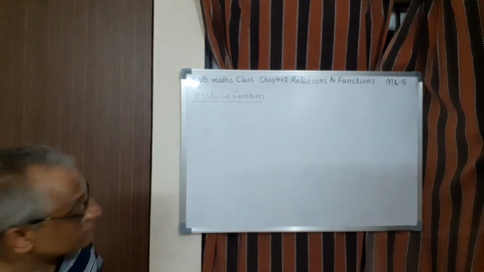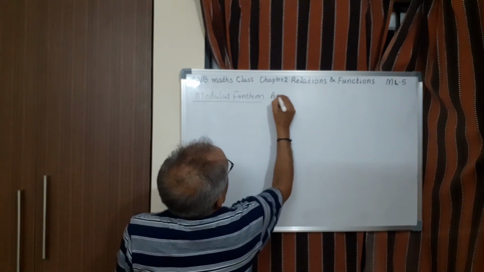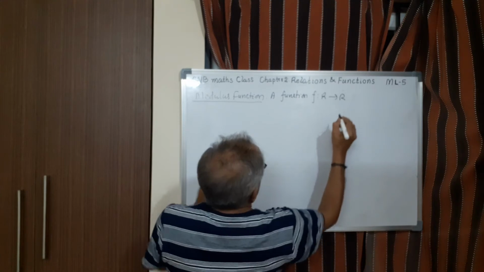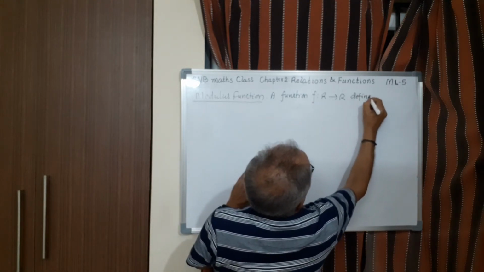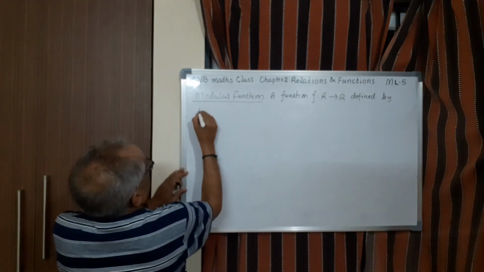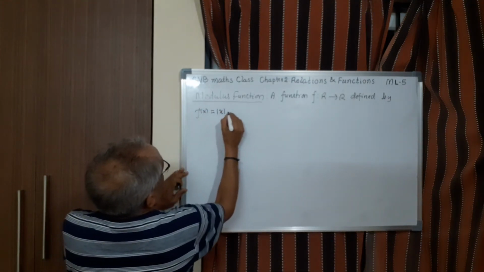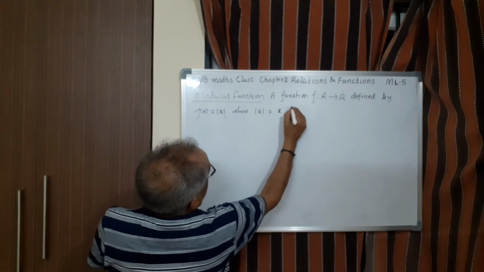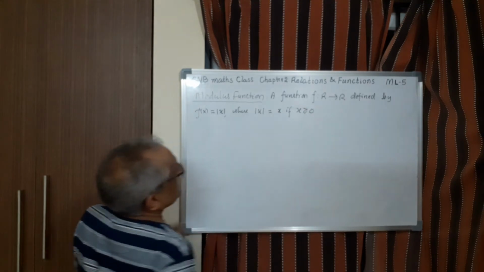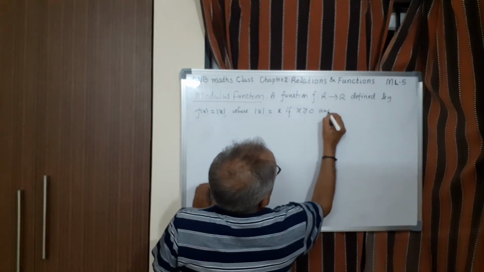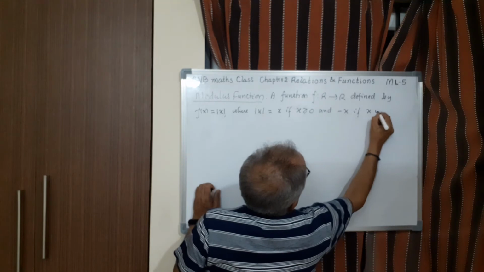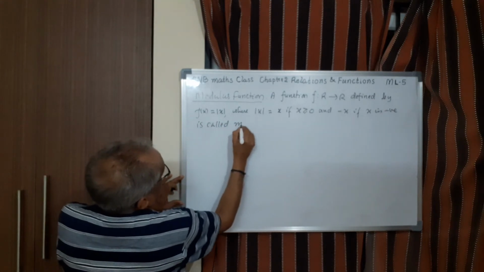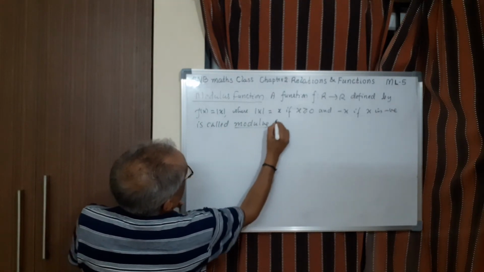A function, it's also a real function. The definition is this: a function f from R to R defined by f of x equal to mod x, where mod x equals x if x is positive including 0, and minus x if x is negative, is called the modulus function.